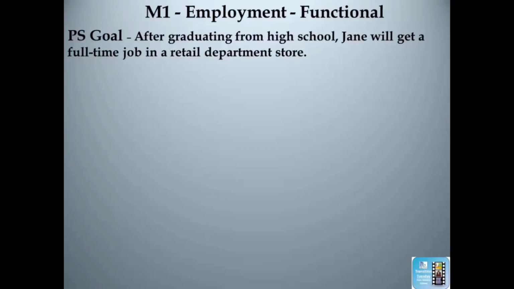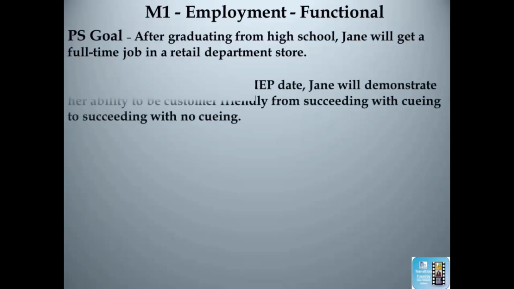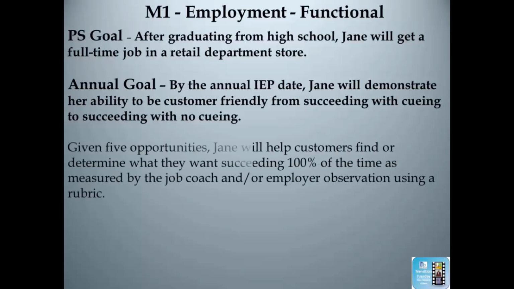So given that, Jane's functional annual goal is, by the annual IEP date, Jane will demonstrate her ability to be customer friendly from succeeding with queuing to succeeding with no queuing. The first objective is, given 5 opportunities, Jane will help customers find or determine what they want, succeeding 100% of the time as measured by the job coach and/or employer observation using a rubric.